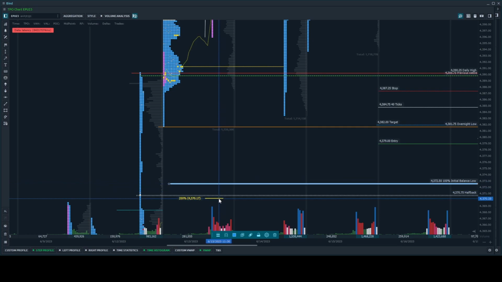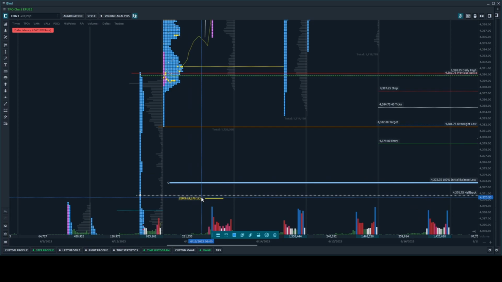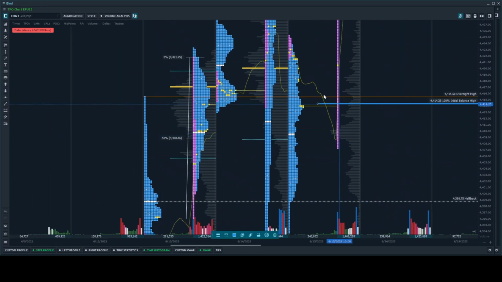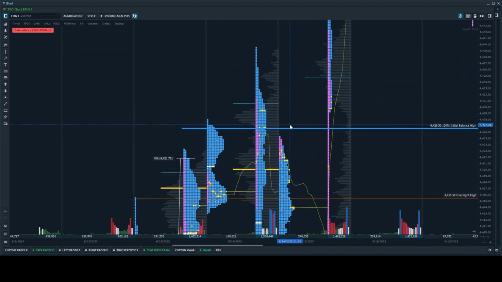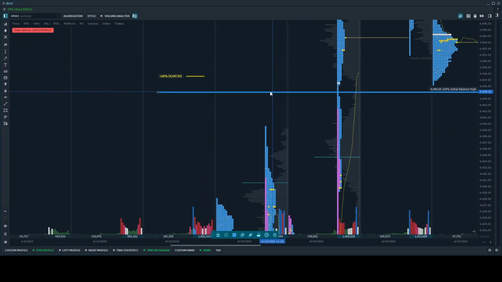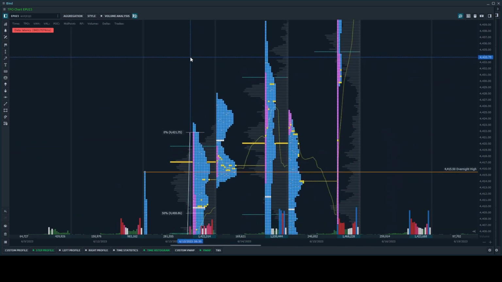So if the market comes here, I'll put it somewhere in here. Or if you have a major level that's even close, whichever is closer is what I would do. And put your 100% above. Do the same thing, lead it just a little bit. Then you can delete this.